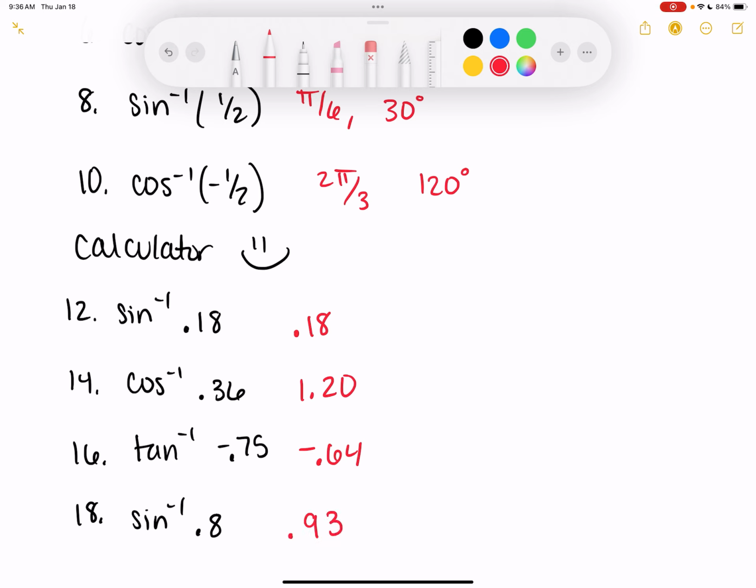All right, now switch your calculator to degree mode, and we're going to do them all again in degrees. So inverse sine of 0.18, and we'll still do 2 decimal places on these. 10.37, and make sure you put the degree symbol on these ones that are in degree mode.